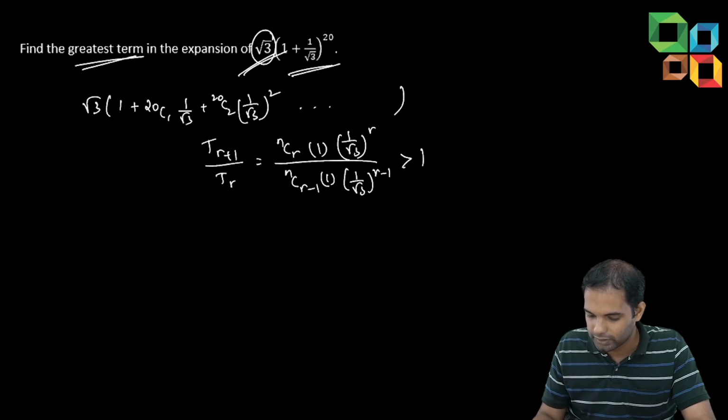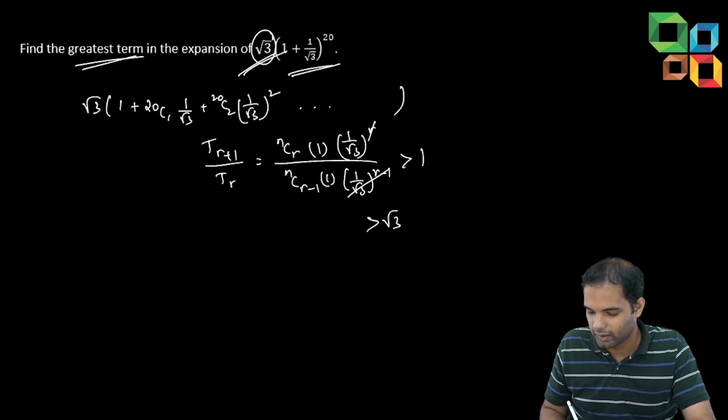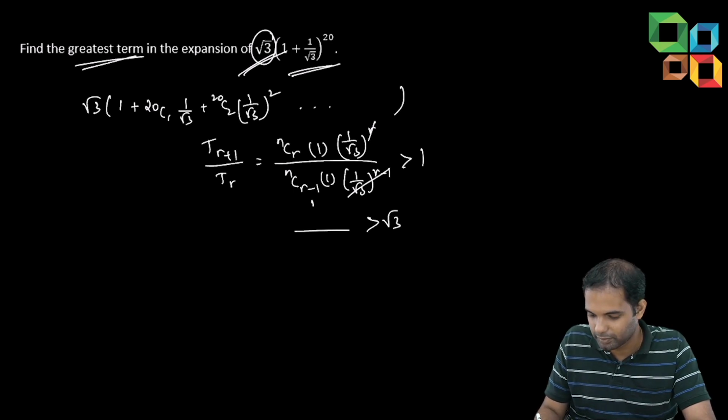Let's try to simplify this. Now this is (1 by 3) whole power r minus 1 into 1 by root 3, so it will get cancelled. What remains is 1 by root 3, which I'll take the other side. What remains here? You've already seen this ratio. If you want, we can just simplify it quickly once again. nCr is n factorial by r factorial into n minus r factorial.